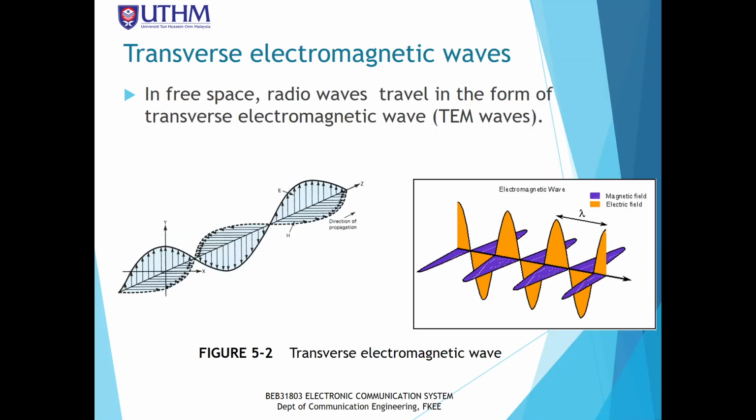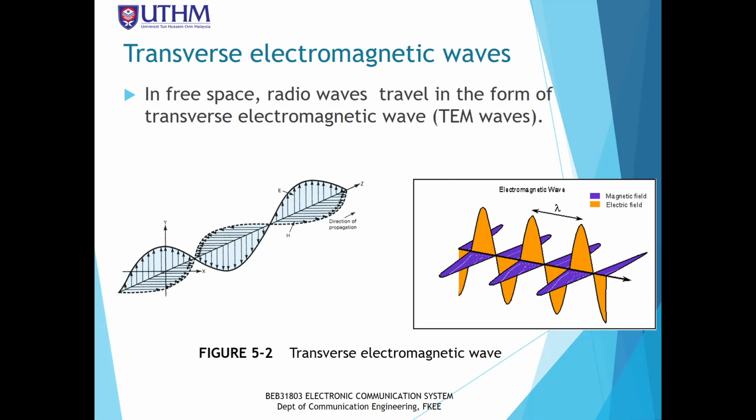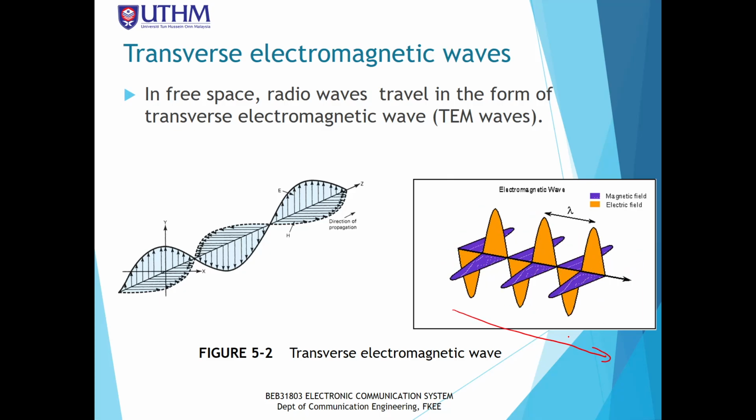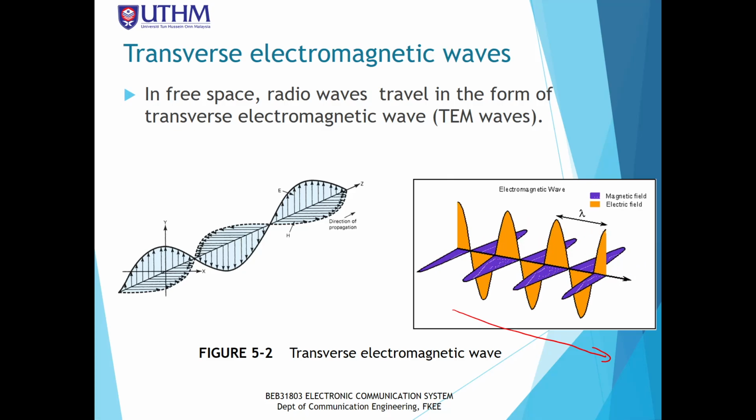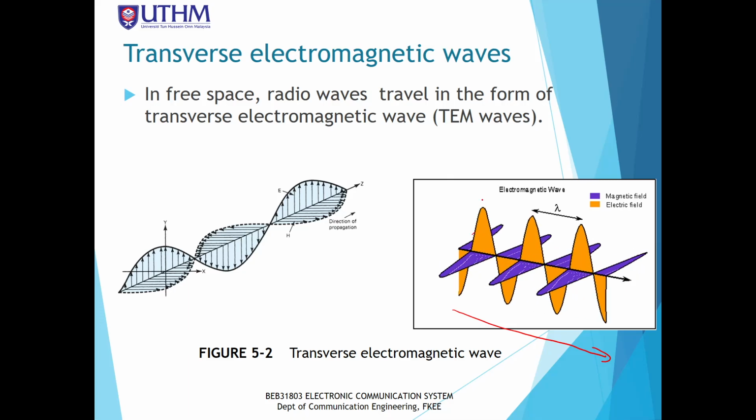And if you see from here, this is the picture of a transverse electromagnetic wave. This shows the electromagnetic fields that move in these directions. And it oscillates at 90 degrees of angle. The orange color is the electric field and the blue color is the magnetic field. Both of these, the E field and the H field, are perpendicular to each other.